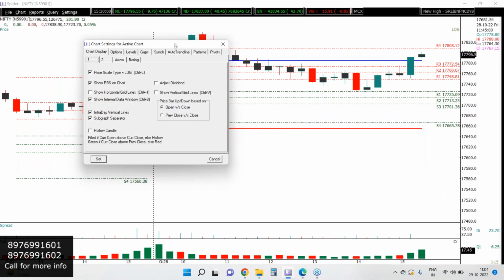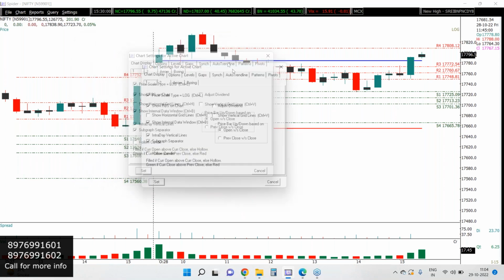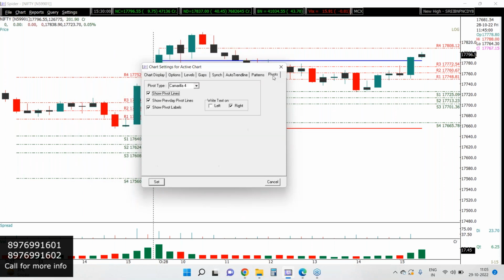Here you will get a pivot option, where you can change the pivot type. Instead of classic or any other pivot, you can choose Camarilla, and we have 3 options over here. Show pivot levels will show you the lines.